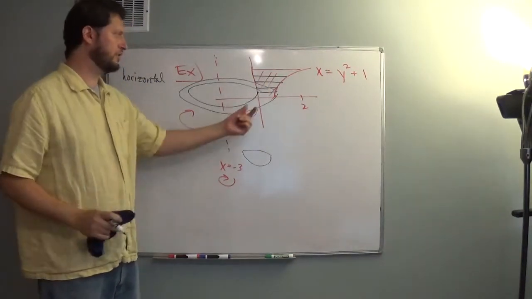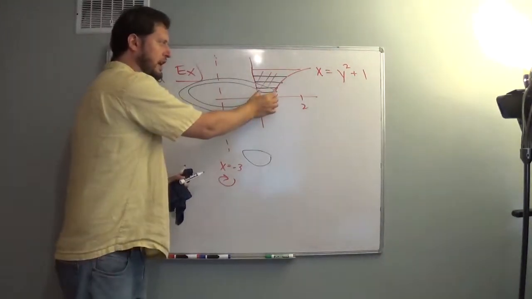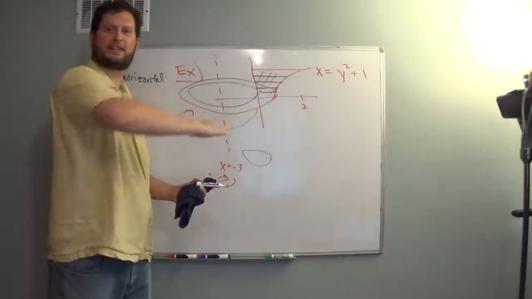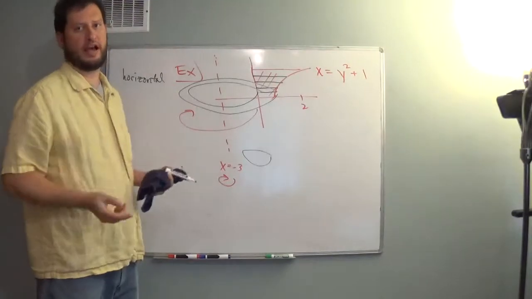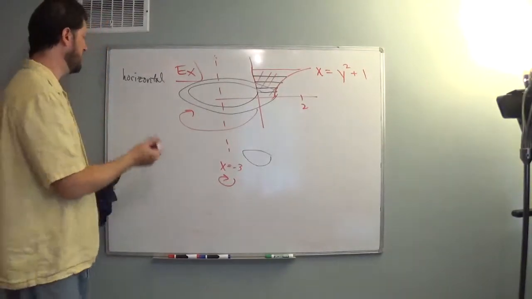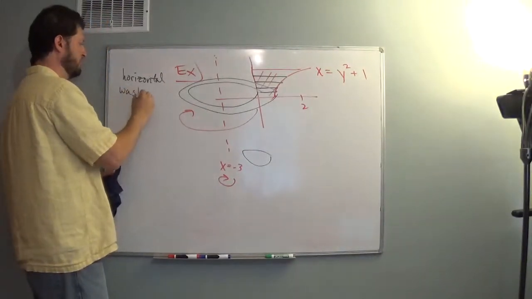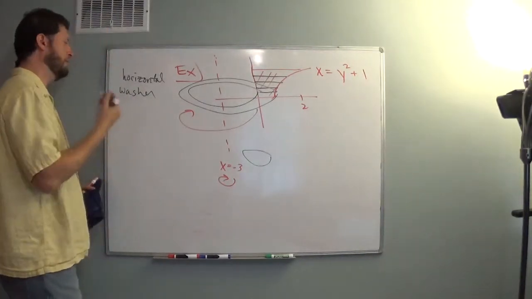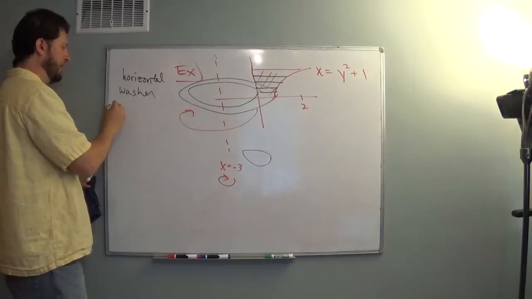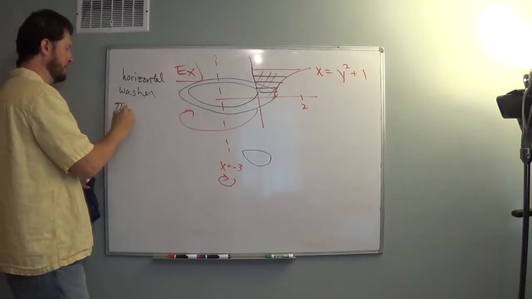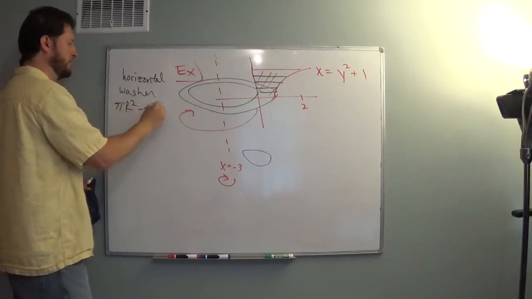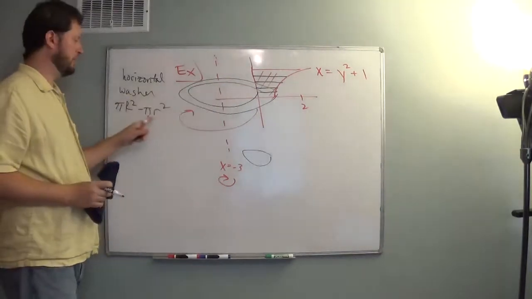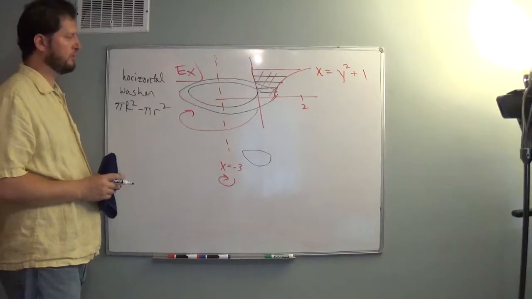This is not a cylinder because a horizontal line moved around horizontally makes a flat disc with a hole cut out, a washer shape. So this is actually a washer. So remember that then we say, well, if it's a washer, that's pi R squared minus pi r squared, where big R is the radius of the big circle and little r is the radius of the small circle.